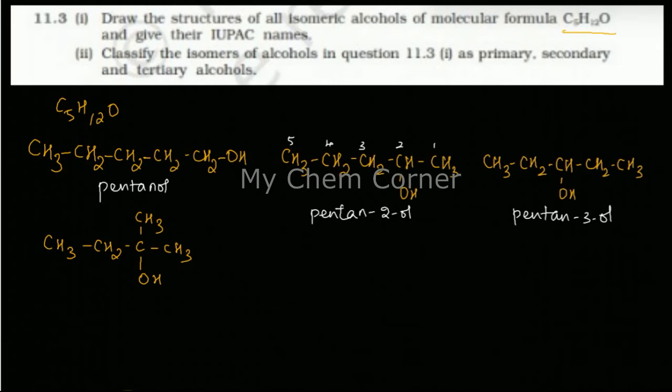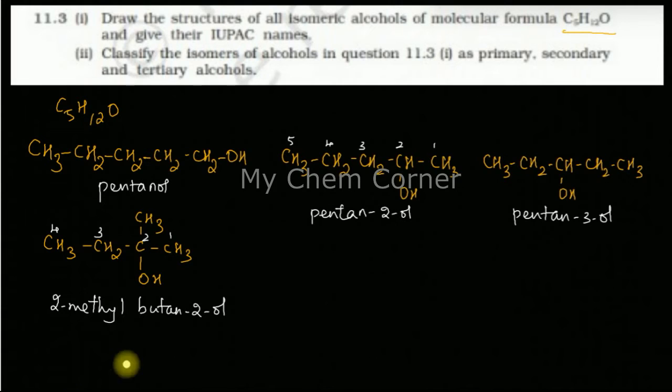So I have all atoms intact, but this is another isomer where the parent hydrocarbon is a butane chain. So I'm going to number from here 1, 2, 3 and 4. When I try to name them, it's going to be 2-methylbutan-2-ol.